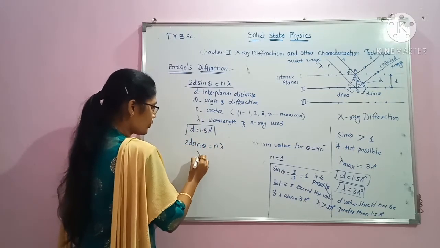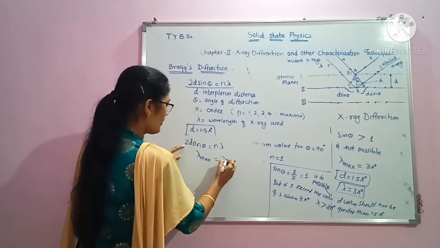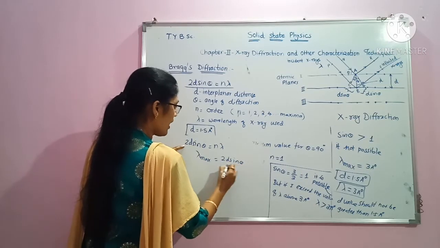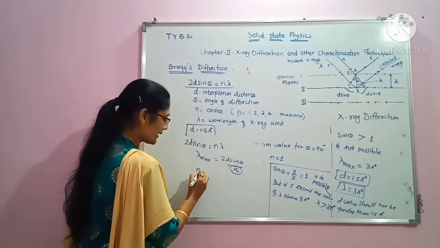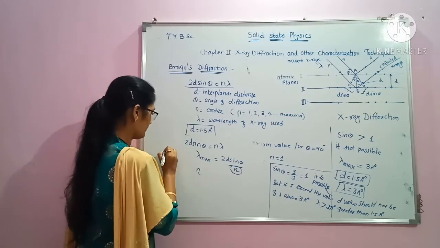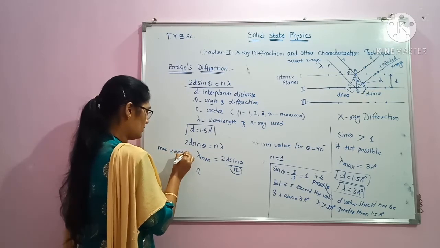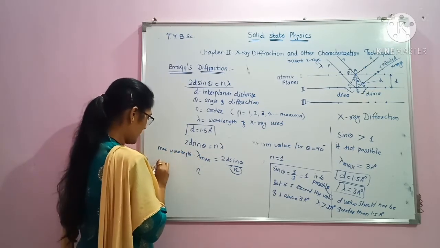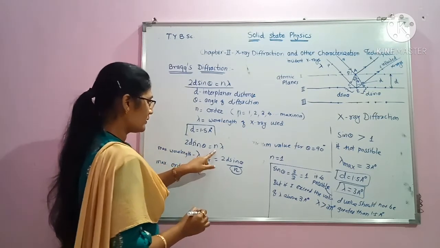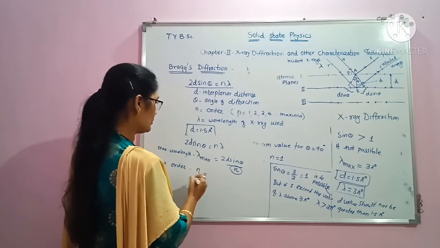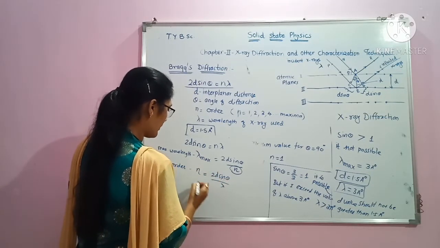n lambda. Suppose I want to find out the maximum lambda possible, then the formula becomes 2d sin theta upon n. And suppose I want to find out the maximum order possible, then the formula becomes n is equal to 2d sin theta upon lambda.